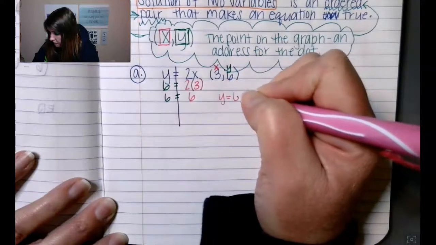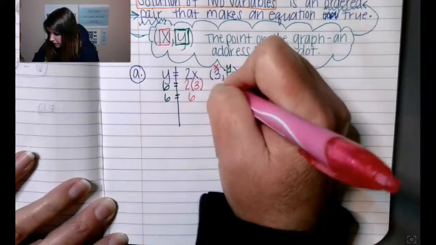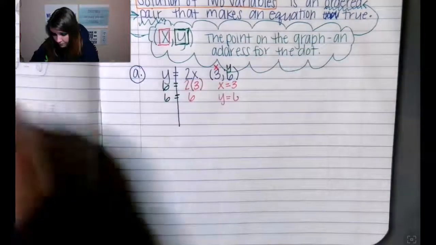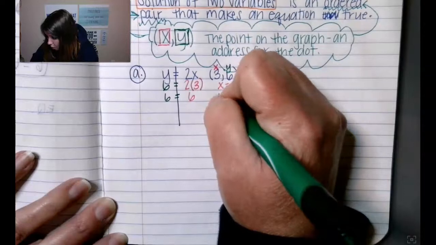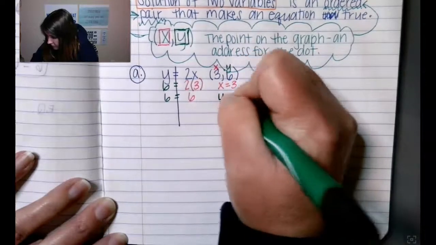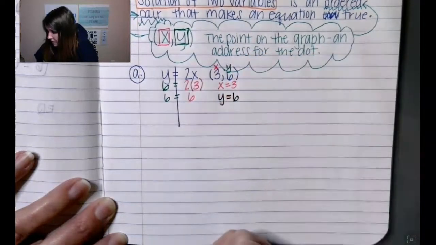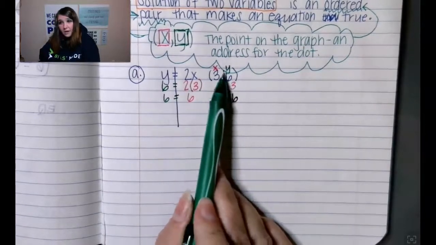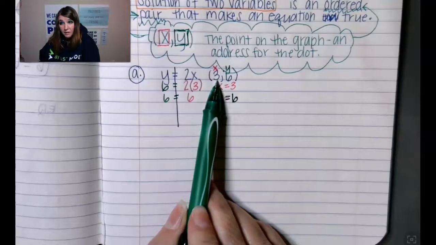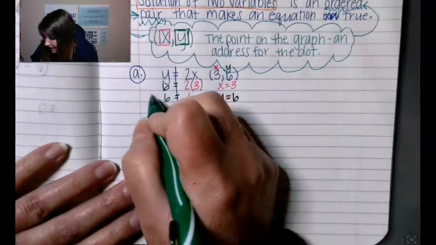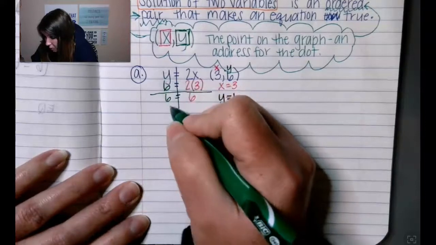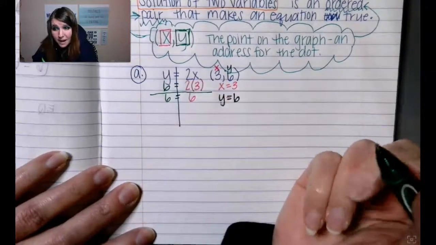oh, I just got backwards here, sorry. If x equals 3 and y equals 6, then this ordered pair of 3, 6 is a solution because 2 times 3 is 6 and y was 6 the whole time.